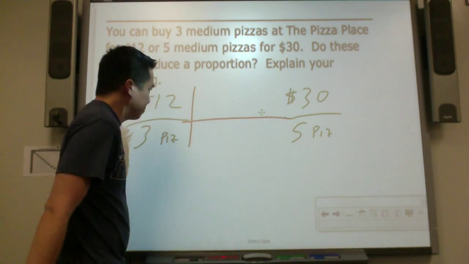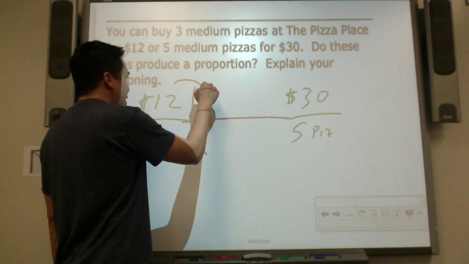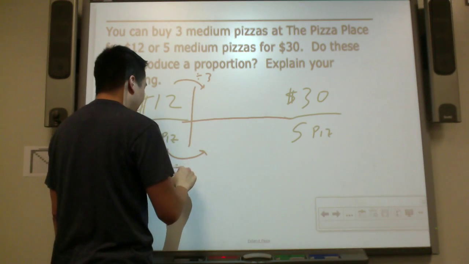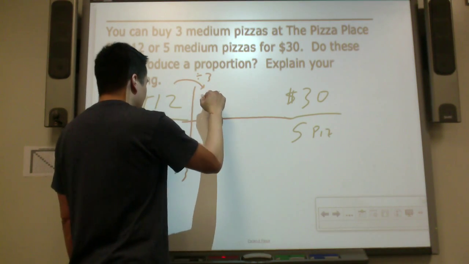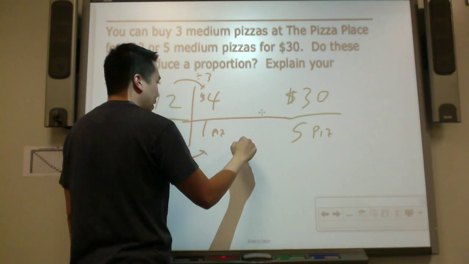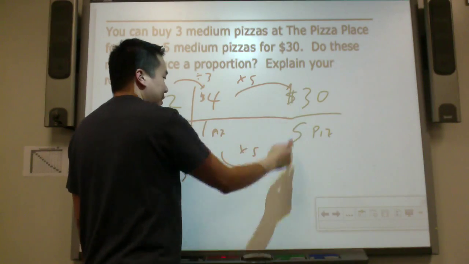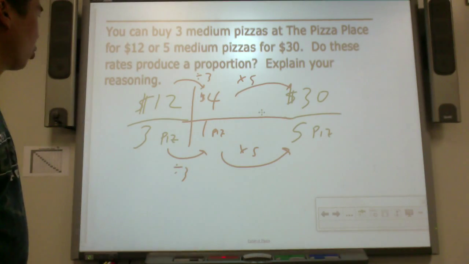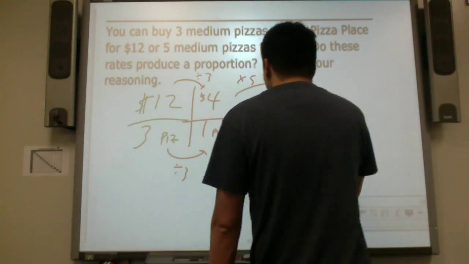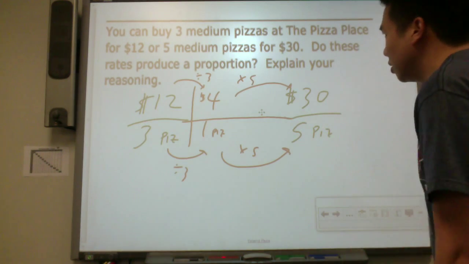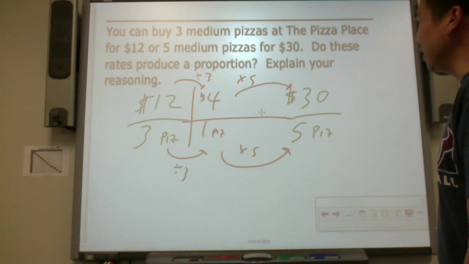You know what? I'm going to make a little chart. I'm going to break this down by dividing by 3, and get $4 for 1 pizza. Then I scale it up by 5, and 4 times 5 is 20. Are they equivalent?